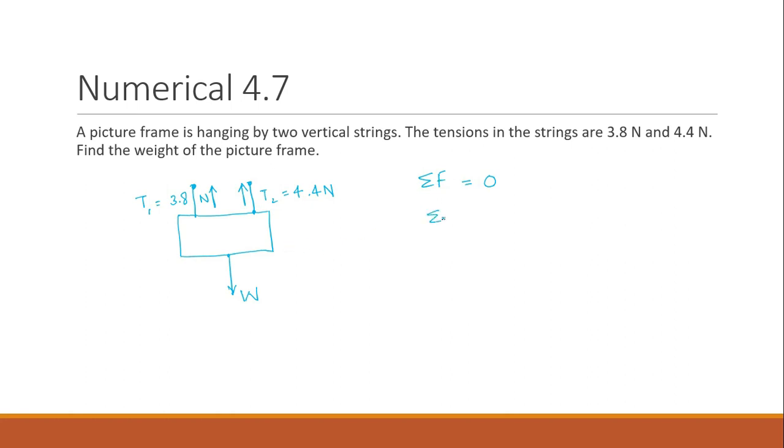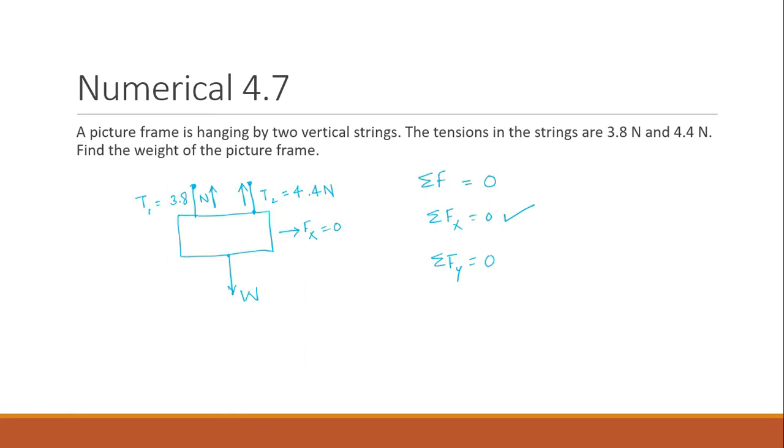Sum of Fx forces should be 0 and sum of Fy should be 0. Because there is no force in the x direction, this condition is already fulfilled. Now there are forces in the vertical direction, in the y direction, so the sum of all the forces in the y direction should be 0.